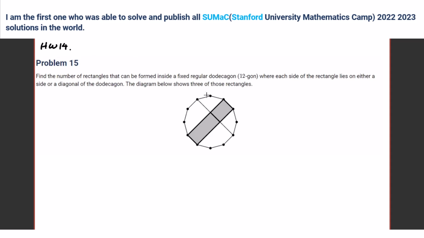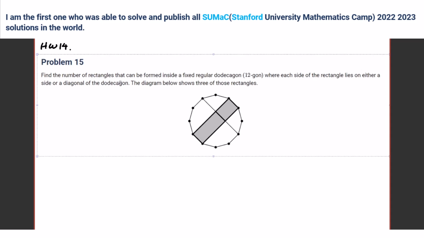The problem says: find the number of rectangles that can be formed inside a fixed regular dodecagon, where each side of the rectangle lies on either a side or a diagonal of the dodecagon, and the diagram shows 3 of those rectangles.